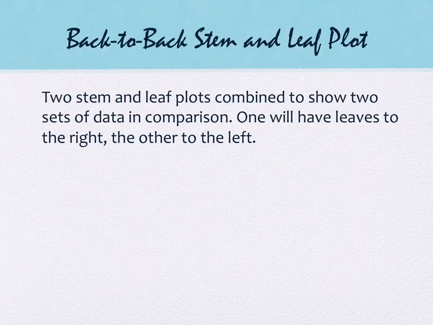All right, we also have what are called back-to-back stem and leaf plots. So these are 2 stem and leaf plots that are combined into a single graph, and they show a comparison of data. In the middle will actually be the stems, and then on the right-hand and the left-hand side, the leaves will expand out.